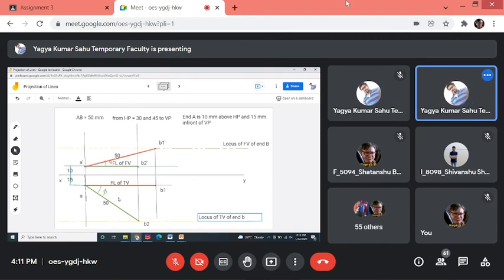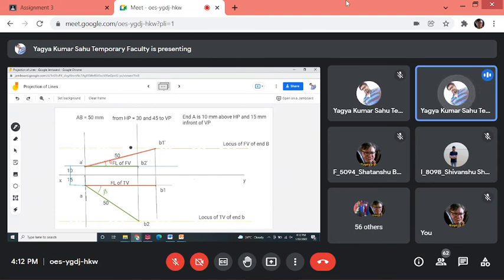Just rotate, taking small a as a center, a b1 as a radius. Rotate this to the final position like this. Rotate this one first.